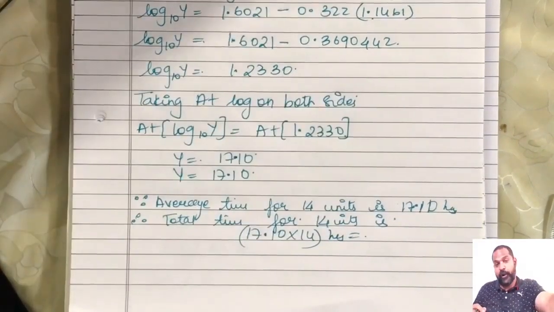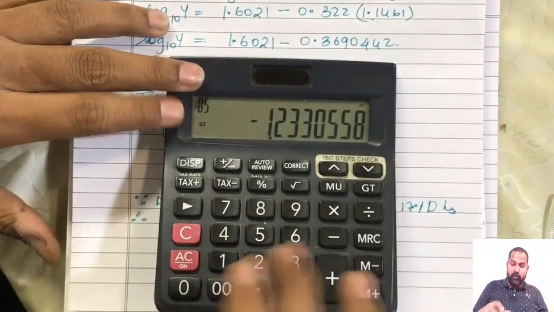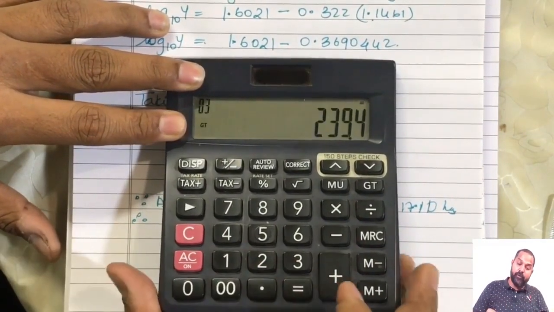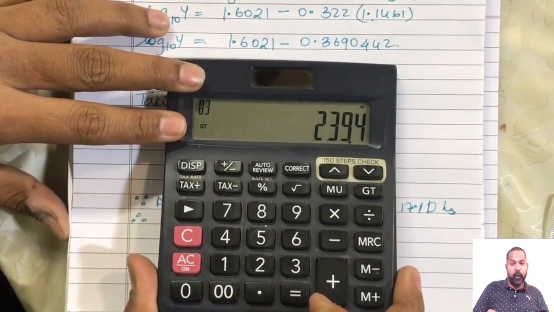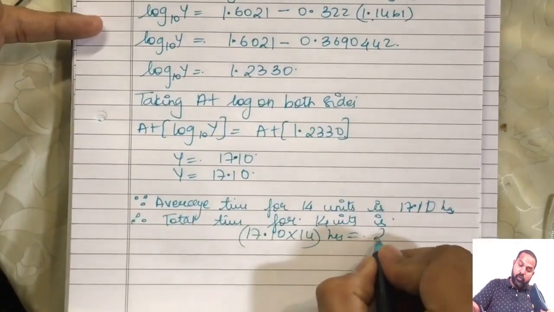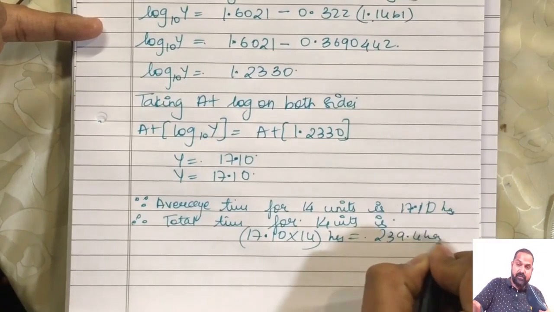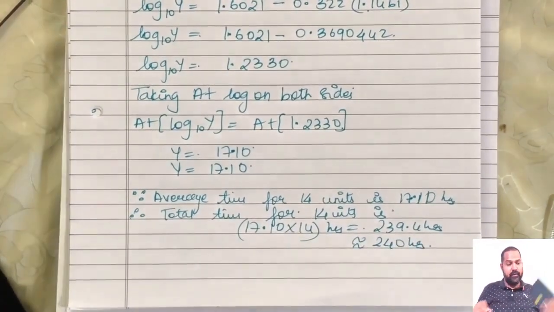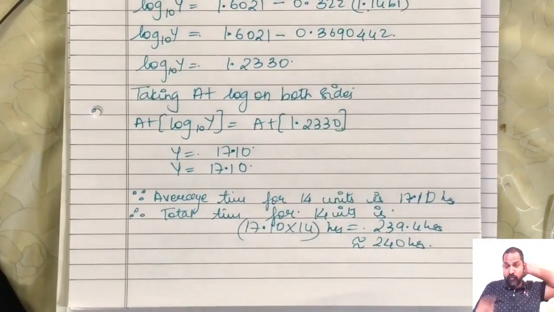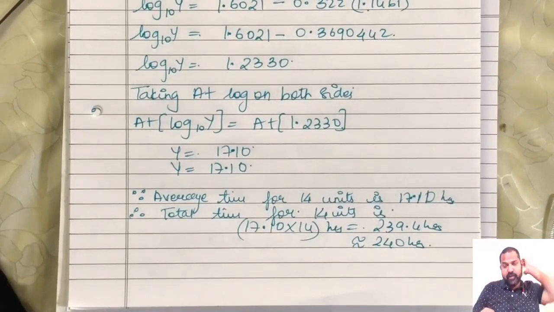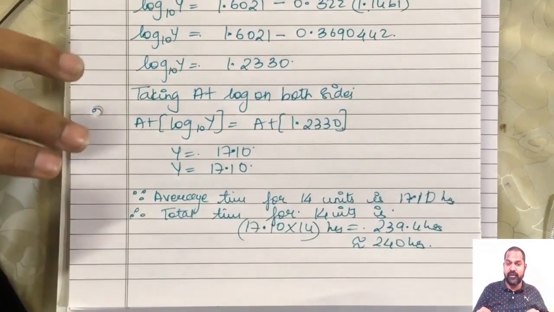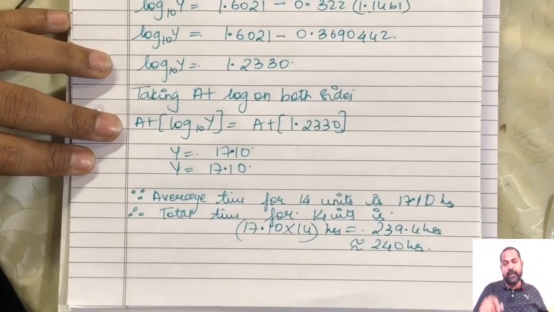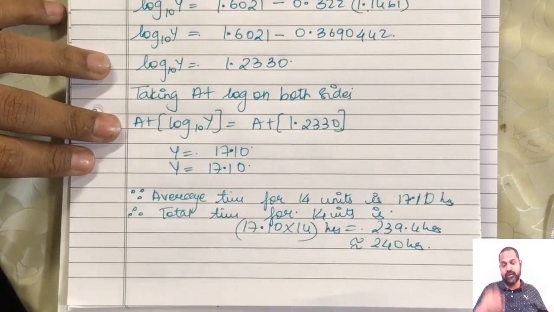What is 17.10 into 14? It is 239.4 hours. Well, can't I say that is approximately 240 hours? You also got 240 with the assumption of 80% learning, which means the manager's hunch that there is an 80% learning is a true assumption.